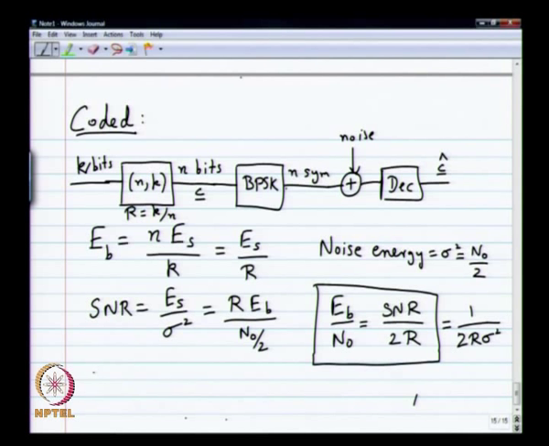So, you can talk about frame error rate, what is called FER, frame error rate or block error rate. I think FER is a bit more common, block error rate is also common. This is basically the probability that C hat is not equal to C.